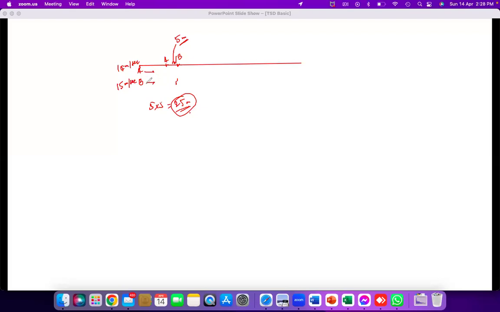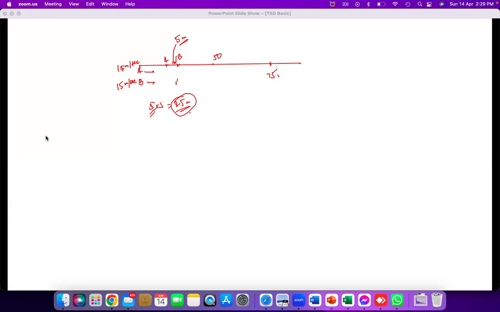You can simply count also. 15 5s are 75, so B is at 75 meter distance, and A will go 50. So the distance between them is 25. Same thing. Here you are using relative speed; there you are not, you are just calculating distance traveled by each and then taking the difference. Understood?